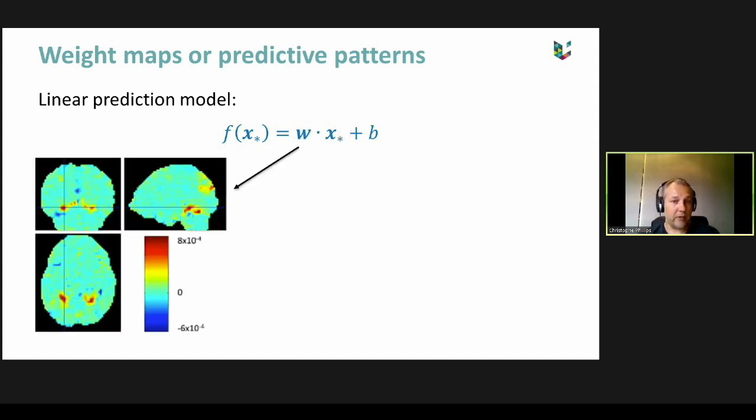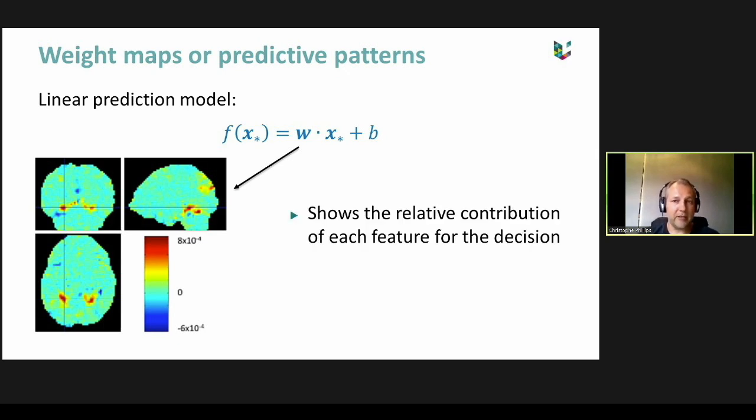And those weights can actually be represented as an image themselves, because that's just mapping from image to feature vector and vice versa. The key thing is this will be highlighting the relative contribution of each feature to my decision. So this shows here that these bits of the brain are contributing a lot to the decision taken. So it's informing us about the category.